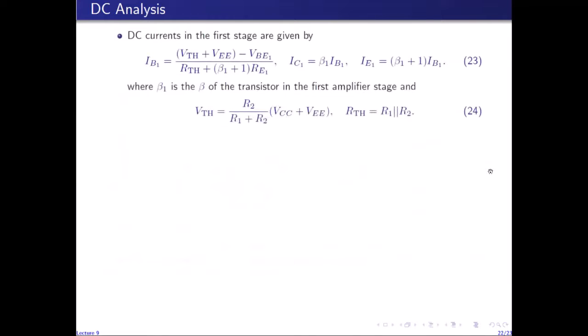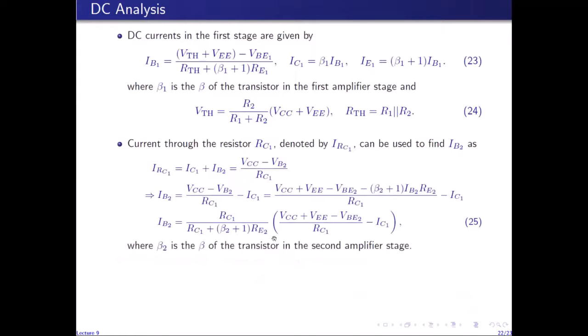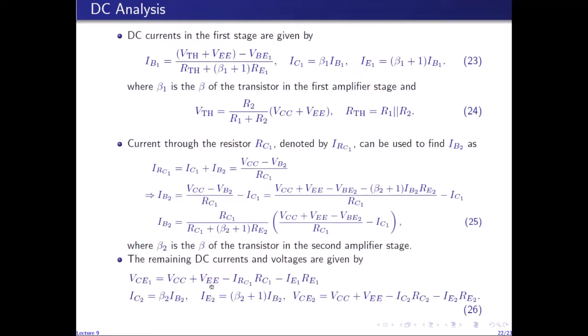So I can use these relations to find VCE1 as VCC plus VEE minus the drop across RC1 minus the drop across RE1. Similarly, VCE2 is VCC plus VEE minus the drop across RC2 minus the drop across RE2. So using these equations, we can find the DC currents and voltages in the direct coupled two-stage amplifier.